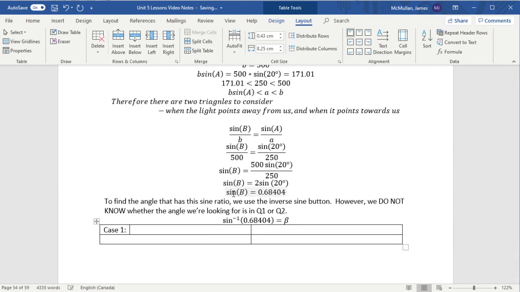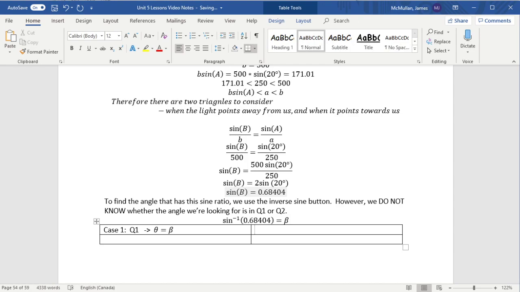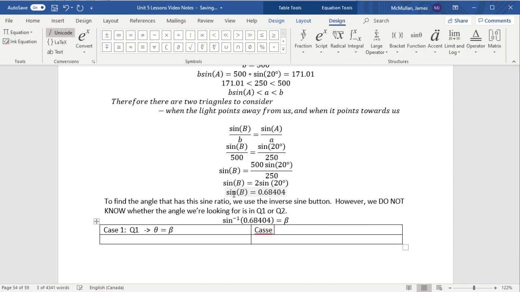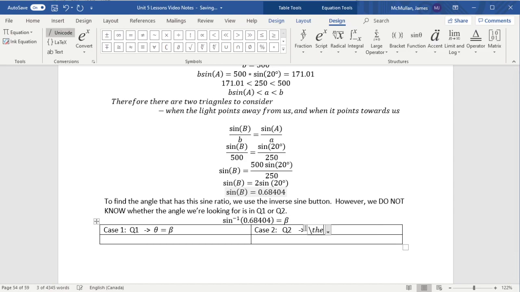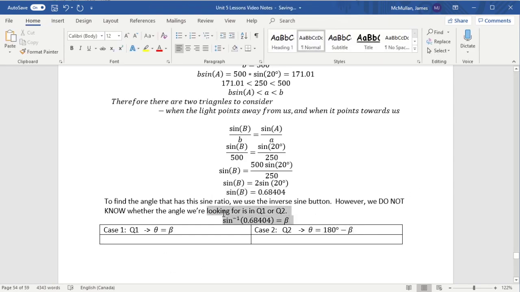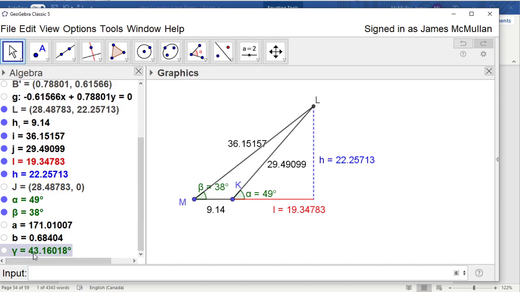Case 1, where you're in quadrant 1. In this case, theta equals beta. So pretty easy, just the way you would normally do the question. Case 2, you're in quadrant 2 because your angle's obtuse, and you end up with theta is 180 degrees minus whatever it is the calculator tells us. So let's go ahead and use the calculator to figure out the inverse sine of 0.68404. So inverse sine of b. It gives me 43.160.